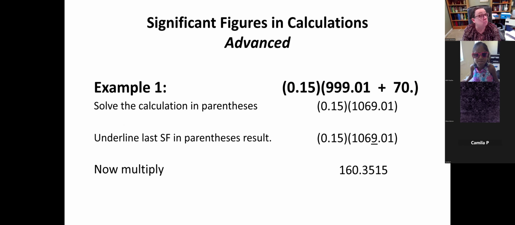So we have to go back to 0.15. And how many significant figures are in 0.15? Yeah, awesome. Good. Yeah, there are 2. Again, that 0 at the beginning doesn't count. How many significant figures are in the number in parentheses here?